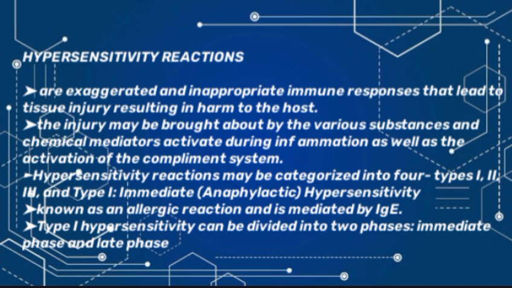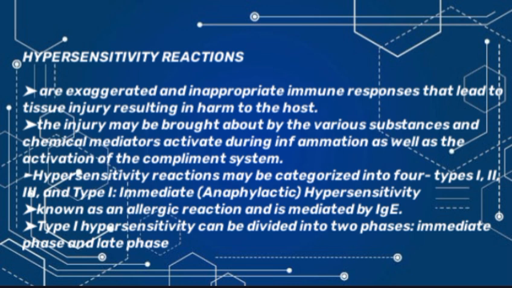Hypersensitivity reactions. Hypersensitivity reactions are exaggerated and inappropriate immune responses that lead to tissue injury, resulting in harm to the host. The injury may be brought about by the various substances and chemical mediators activated during inflammation, as well as the activation of the complement system.